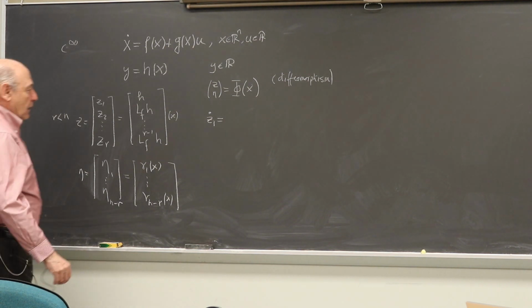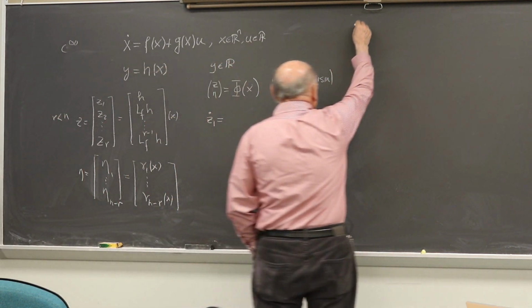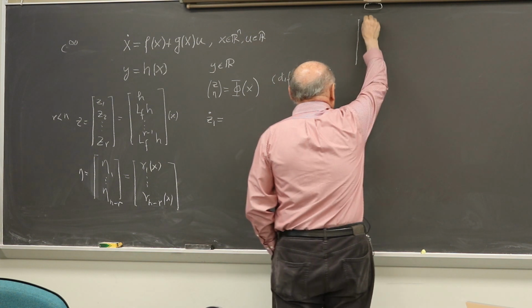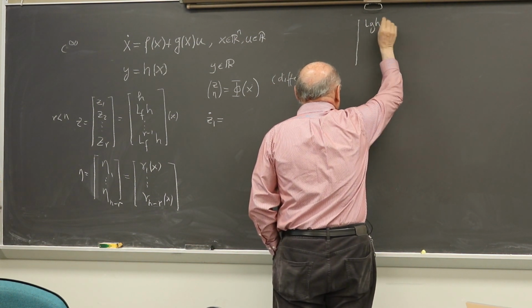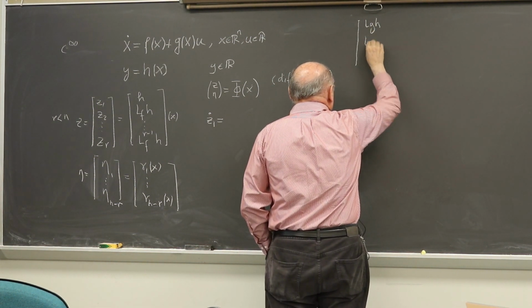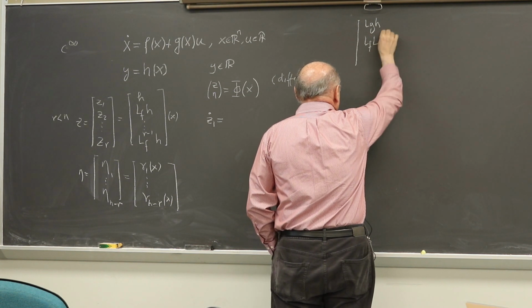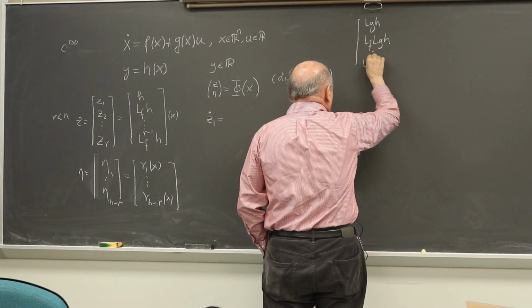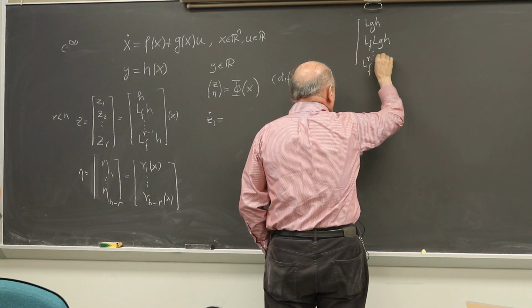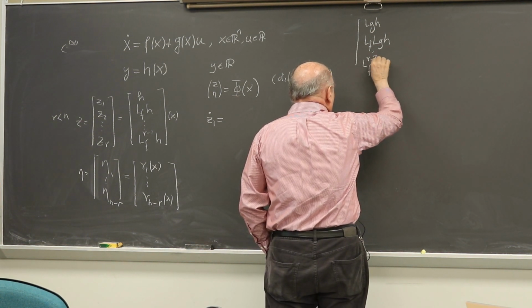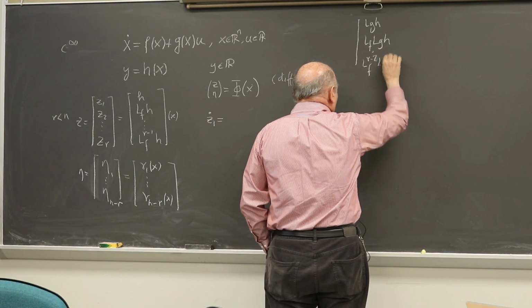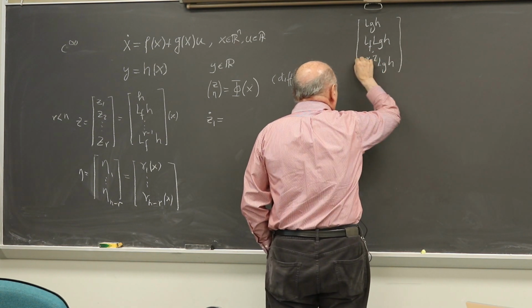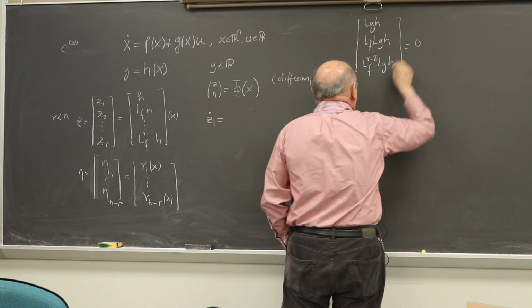And for that, we found that we had to have the following conditions. Lg of h had to be 0. Lf of Lg of h had to be 0. All the way to Lf r minus 2 of Lg of h, all of them had to be 0.